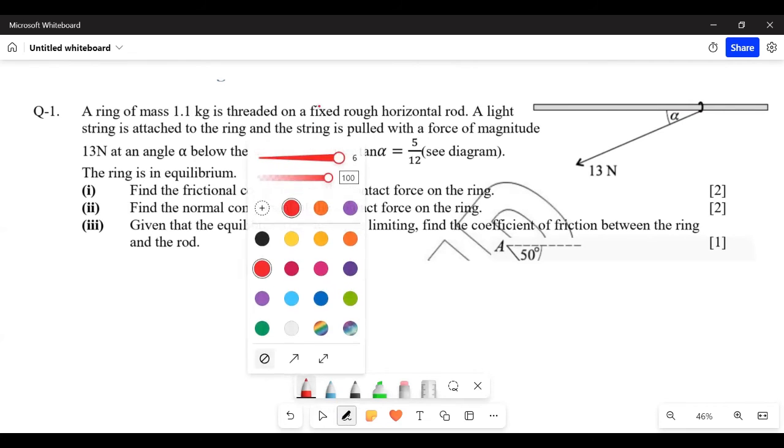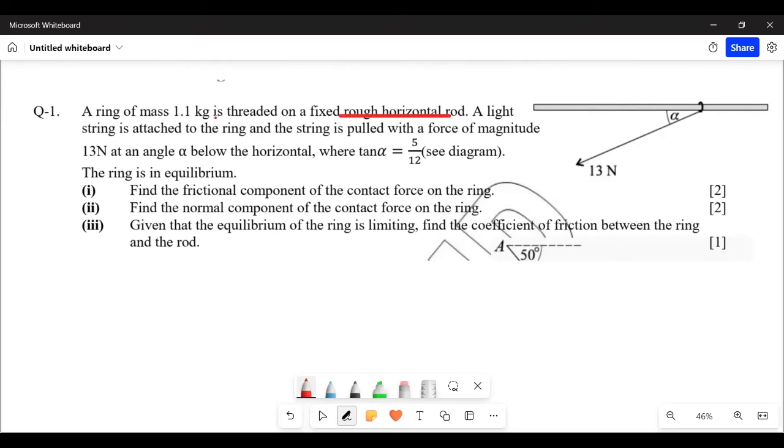Rough means there is friction. 1.1 kg indicates that there's going to be a weight in this direction, which is mg. So weight will be 11 newtons. So 11 newtons is a force in the downward direction.